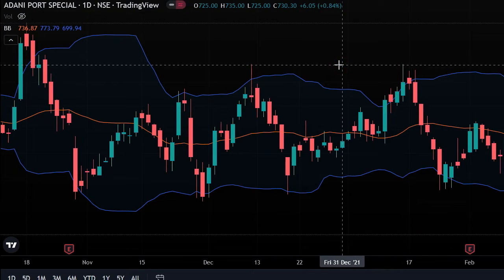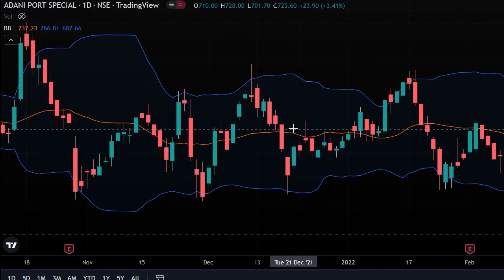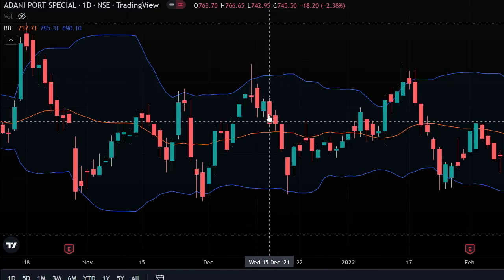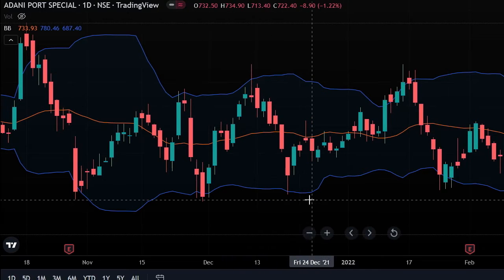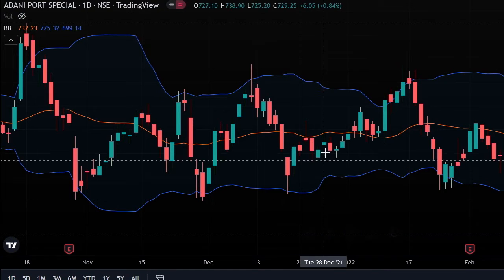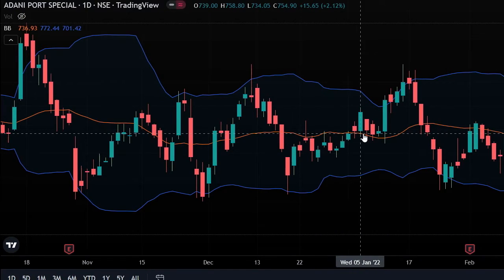According to statistics, 95% of the time, price will move within the standard deviation of 2. So the upper band and the lower band show the standard deviation of price from the moving average of 20 periods.